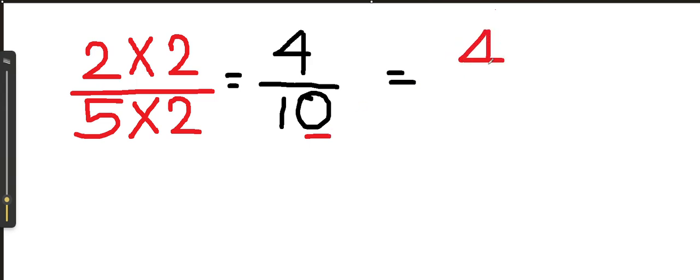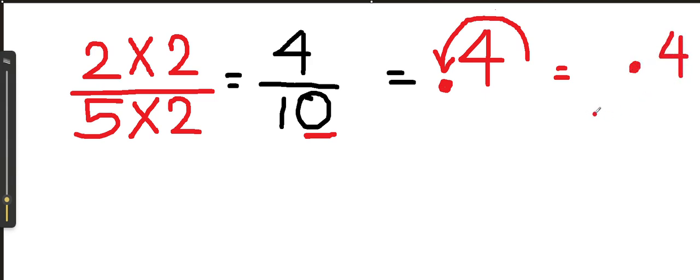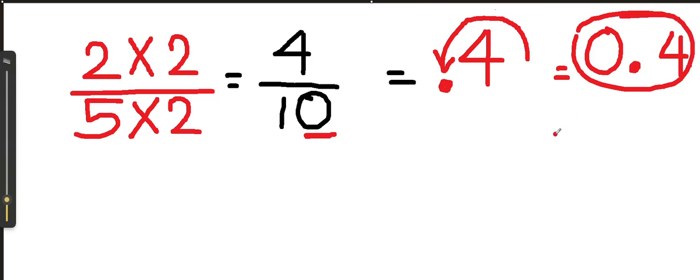So I write a 4, and there is 1 zero. So I just hop by one place and my answer would be 0.4, or it could also be .4. That is my final answer in conversion of 2/5 to the decimal, right?